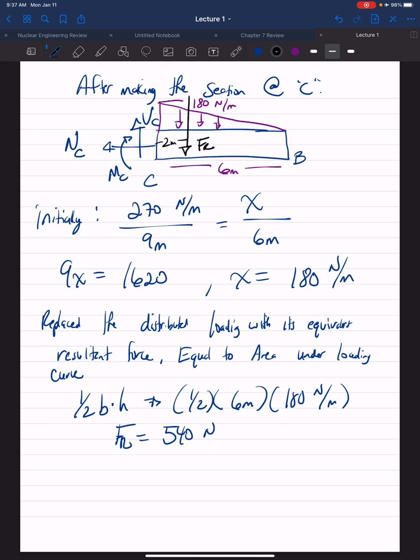Turn to page 186 and 187. So B is a thrust bearing.